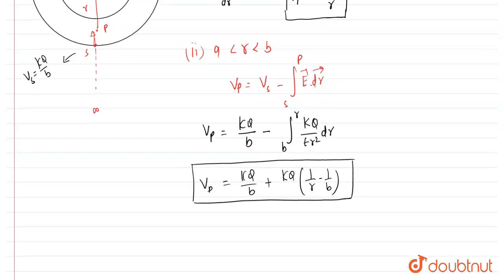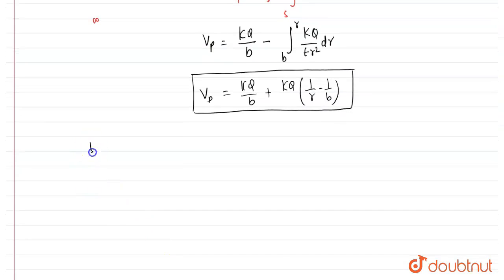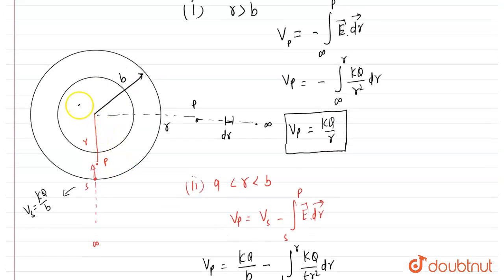Now for the third region, when r is less than or equal to a, that is the inside point. So in the inside condition, for the inside point in the diagram, the distance is r.